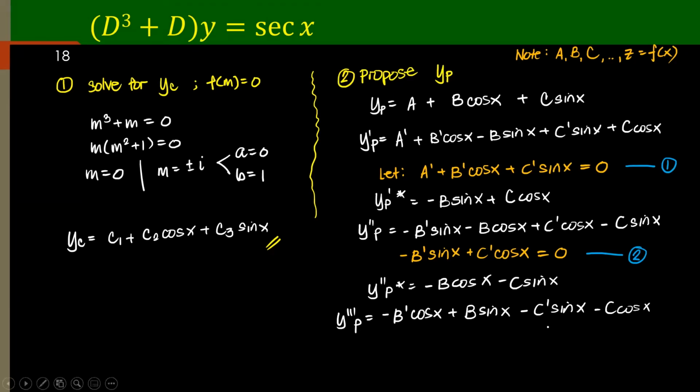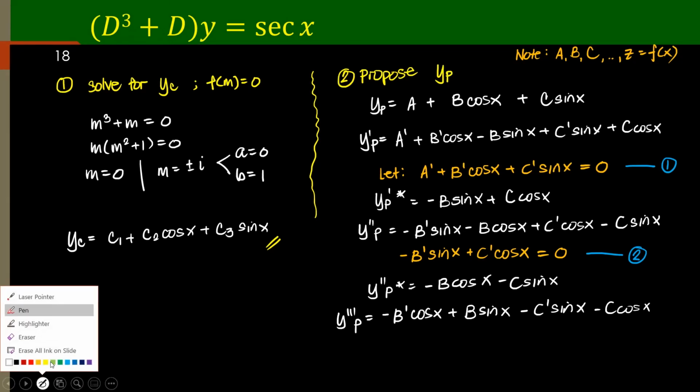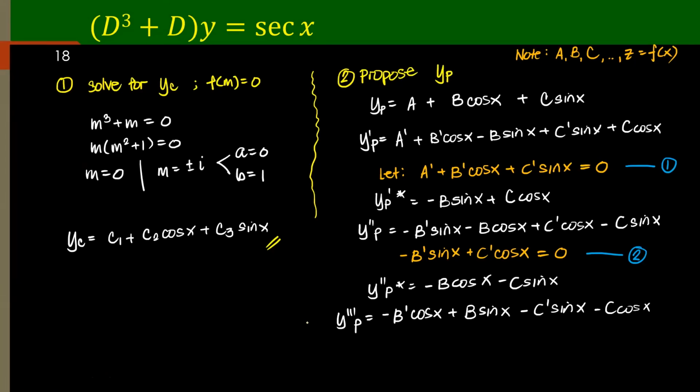Now, I have a y triple prime in here. I have dy because this one is the first derivative. So the equation that I'll be writing is this one and this one. Sorry, the new y prime.